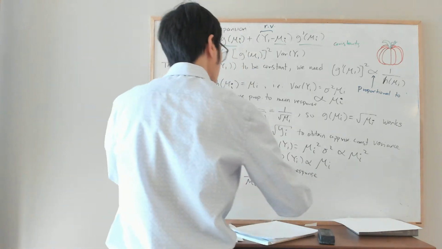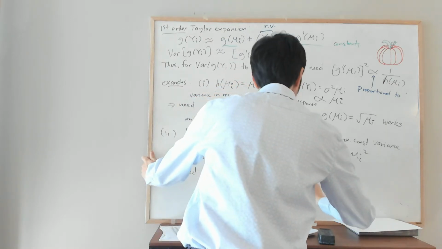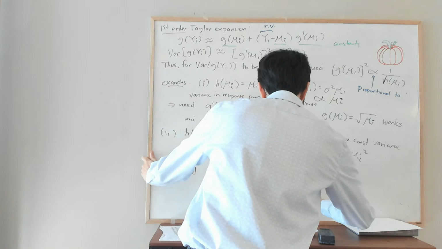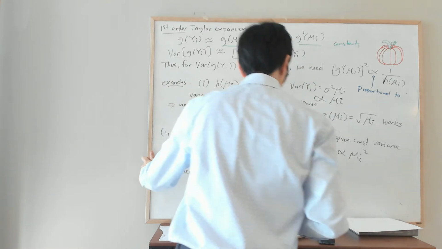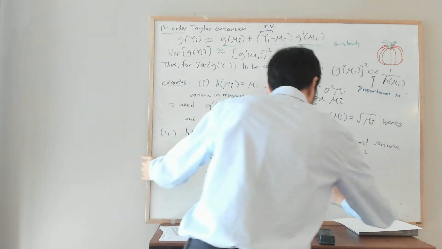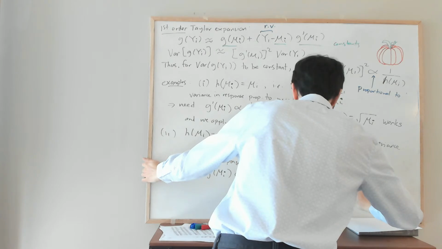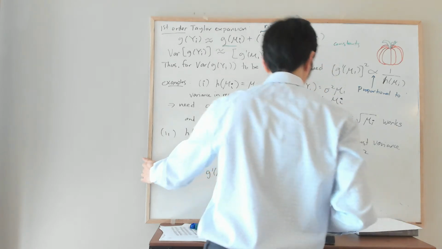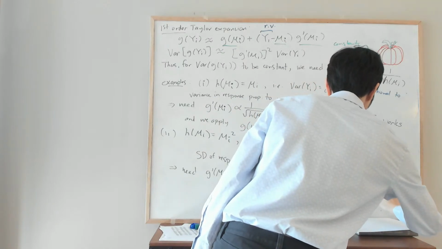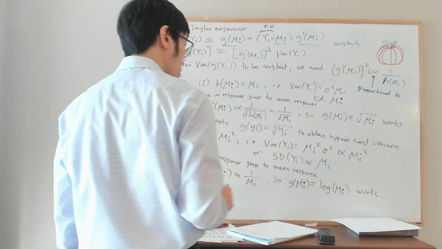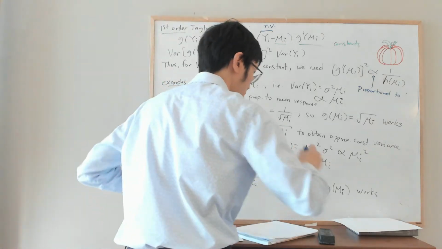So setting g to be the log of mu i works. And whenever I write log, I mean natural log, which you can also call ln.